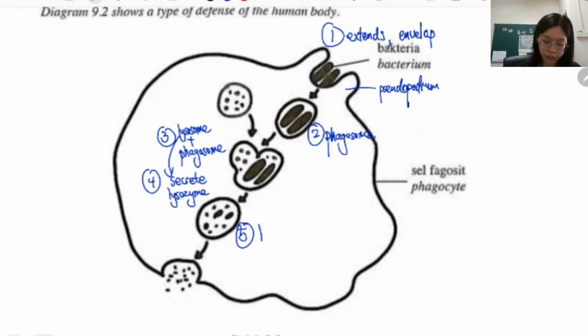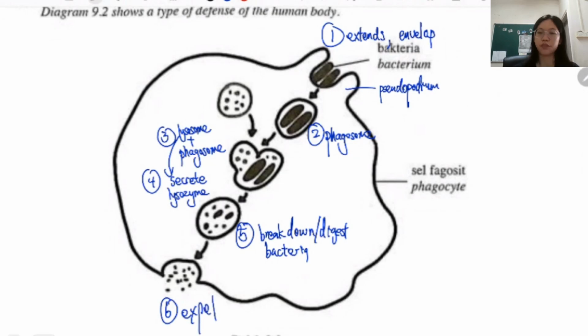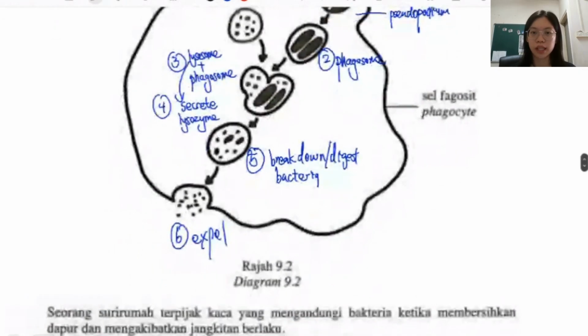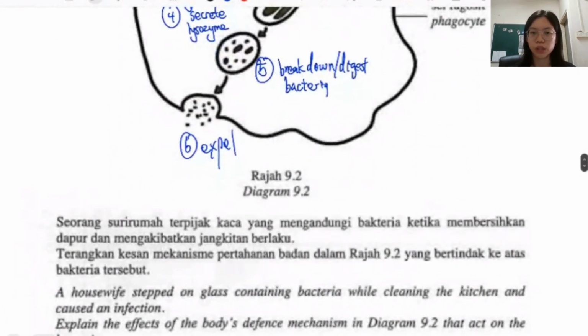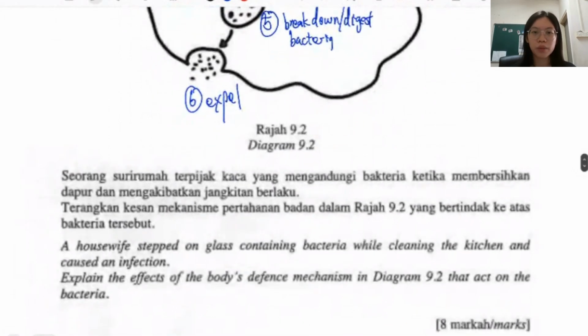It will break down, or you can say digest, the bacteria. So after you digest the bacteria, what then? Yeah, you absorb the nutrients, and then what about the waste? It will get expelled out of the cell. So these are the 6 most important steps you have to know in the phagocytosis process because they normally want you to explain lah.